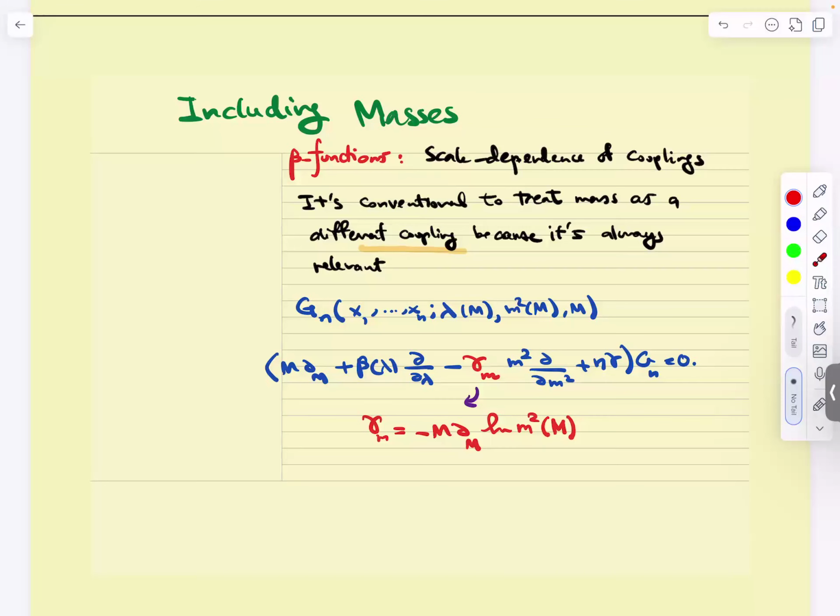What it is, well, it's del m squared of gamma of m. This is the way the definition works. So you could just treat it as if it's a coupling. Questions?